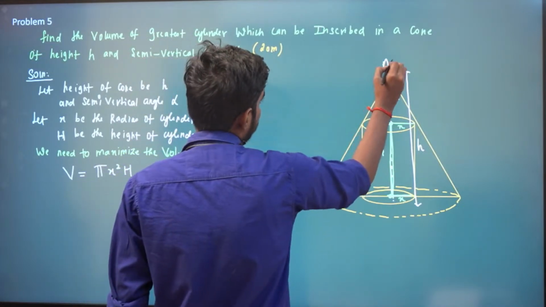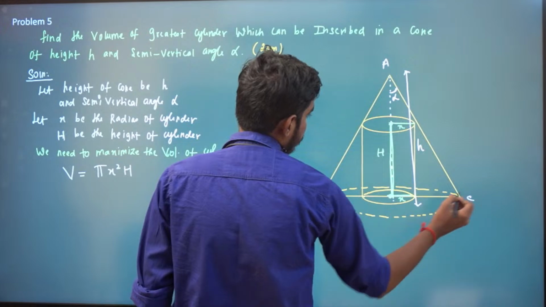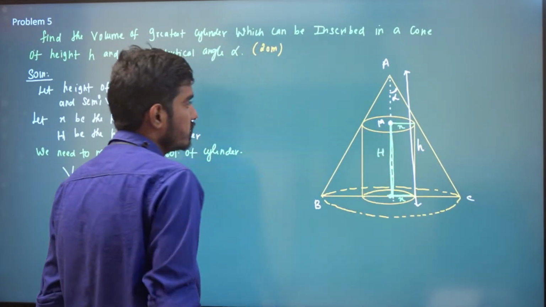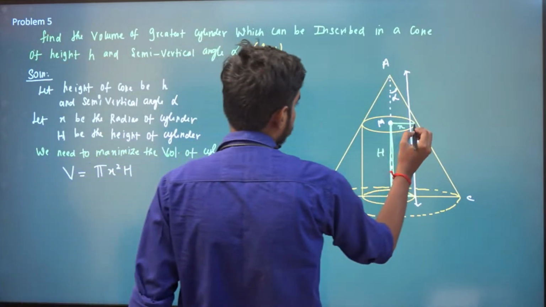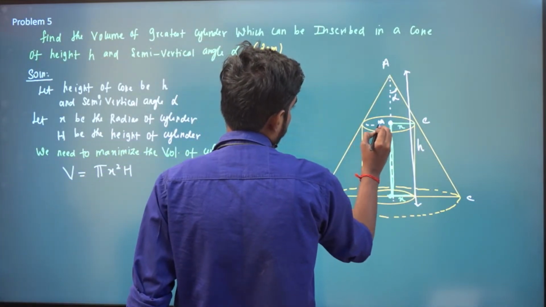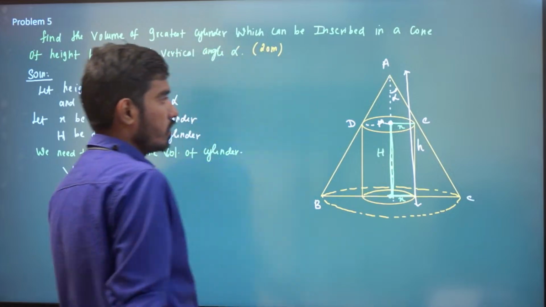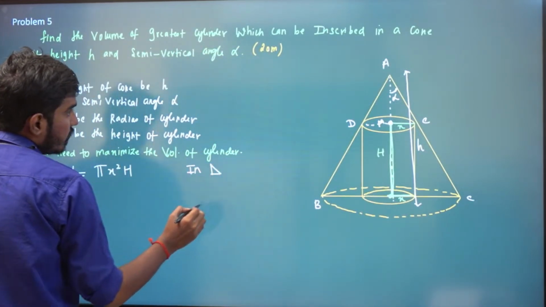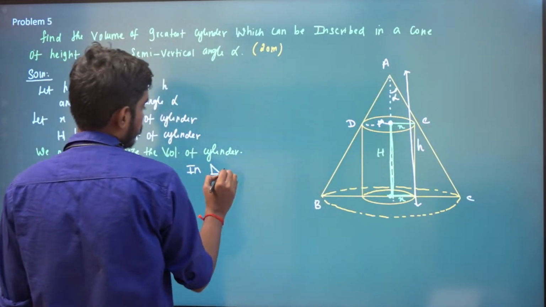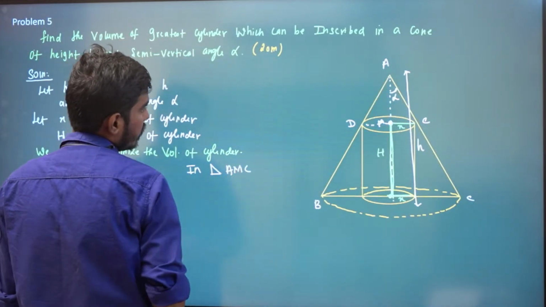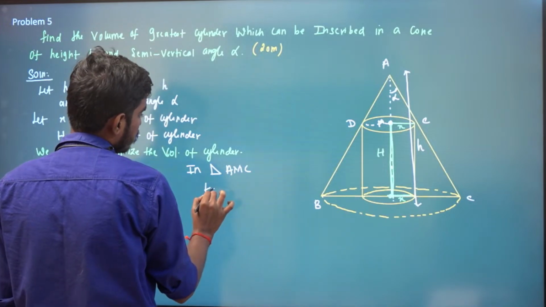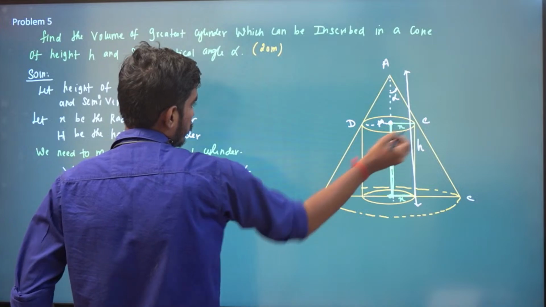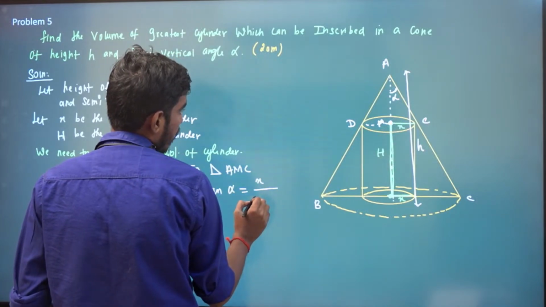Let us call these points A, B, C, let this point be M, and let this point be D. Now in right angle triangle AMC, what is tan alpha? Tan alpha is opposite by adjacent. Opposite is x, adjacent is AM. Yes or no?